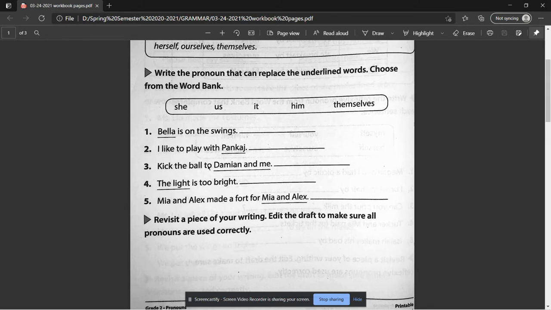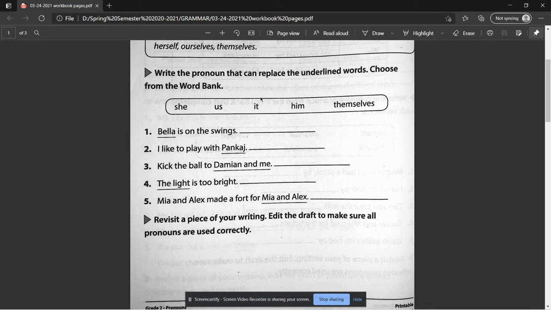Number 3, kick the ball to Damien and me. What pronoun can I use to substitute Damien and me? Kick the ball to, let's see, I already used she and I already used him. Kick the ball to us. Yeah, that makes sense. Kick the ball to it.